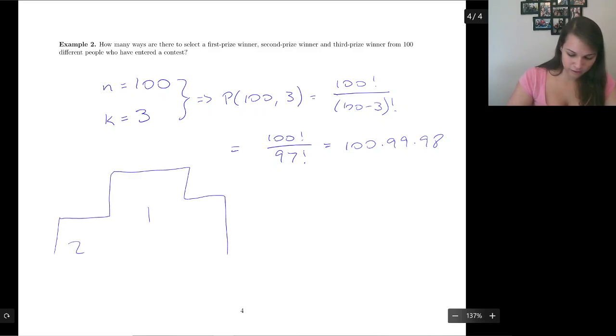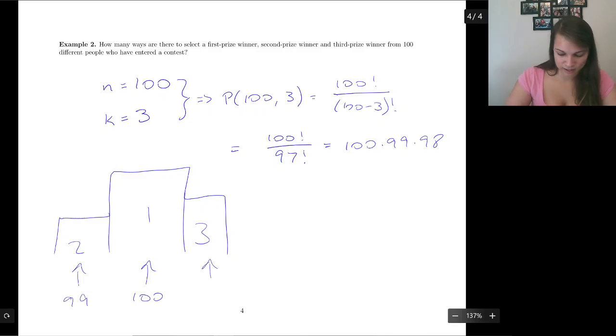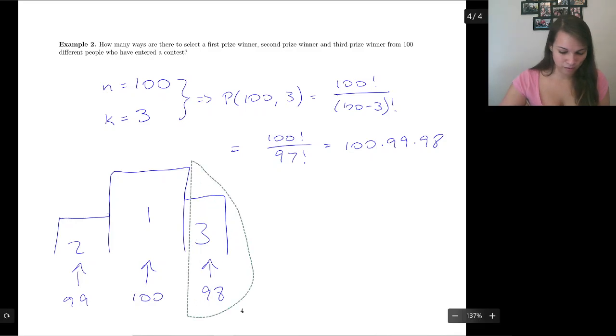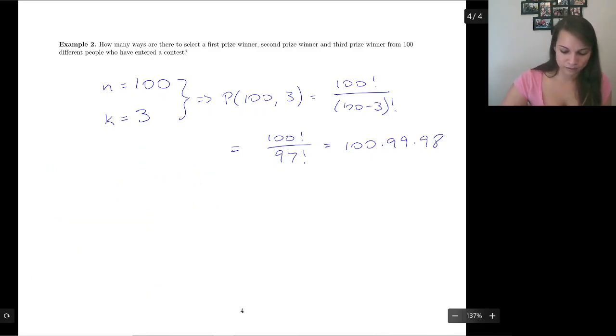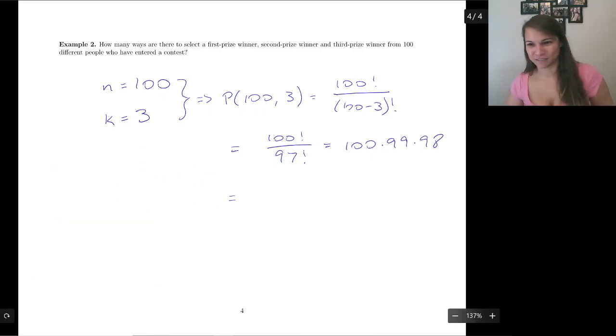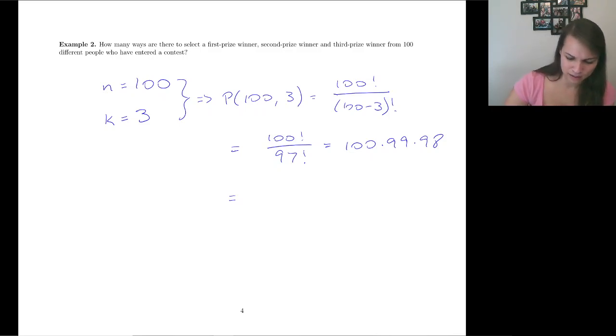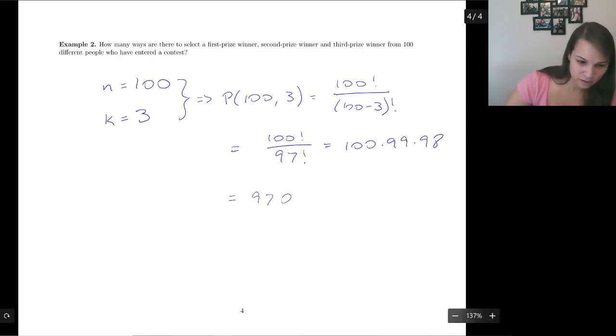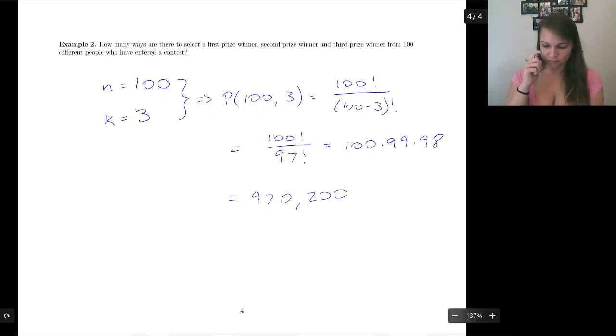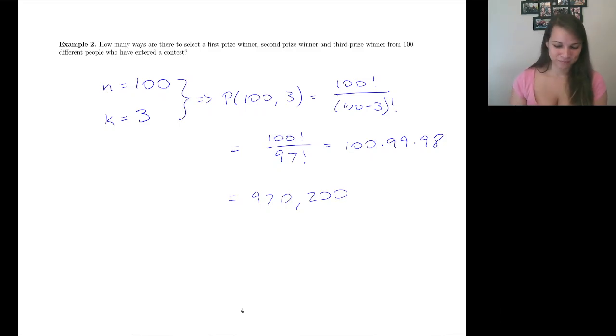This is 1, this is 2, and this is 3. So you would have 100 choices for this guy, and then after you pick first place, you would have 99 choices for this guy, and then 98 choices for this guy. So again, permutations is just product rule, but we have a very special version of product rule now. If you multiply this all out, it's 970,200. So a lot of different possibilities.